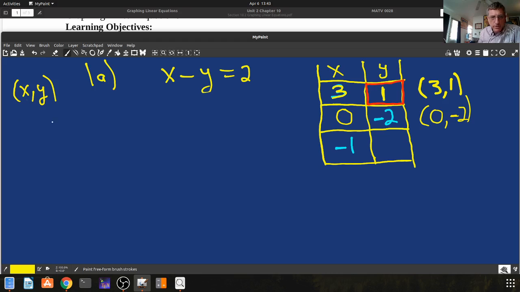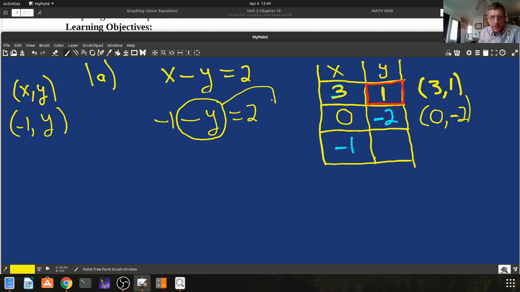In which case we're given that x is equal to minus 1, but y is our unknown. So again, I replace my variable x with minus 1. Then I have minus y is equal to 2. So in this case, I'm going to do it in 2 steps. I'm going to take my minus y and move it over here.